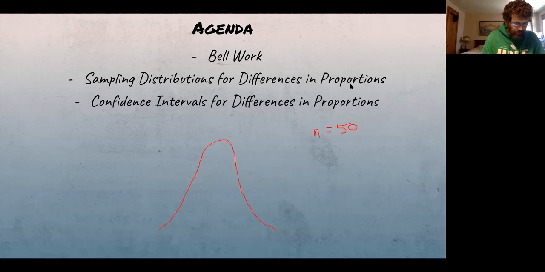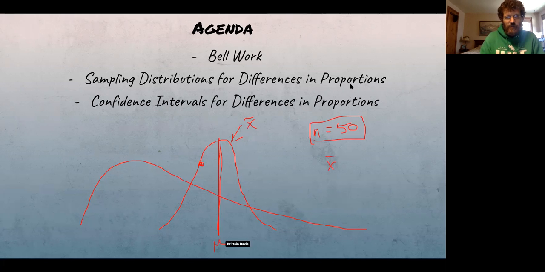Even if it comes from a skewed population, the sampling distribution itself, maybe for means, will be approximately normal. And I can compare the sample result that I got. So maybe I got an x bar that falls right here. I can compare that to where I would expect my x bar to land if this is the true population mean.